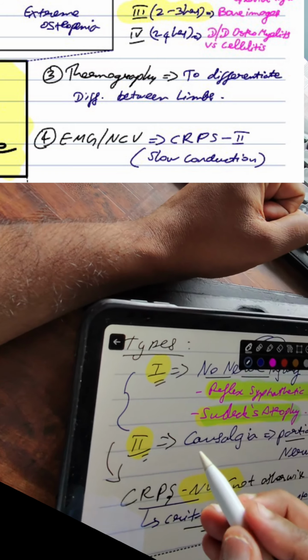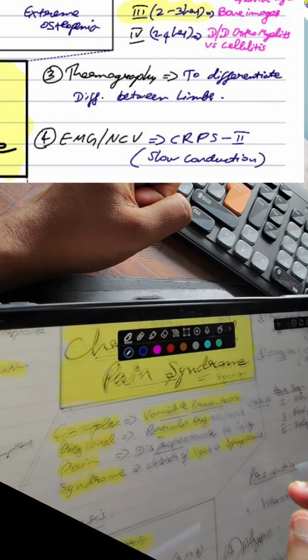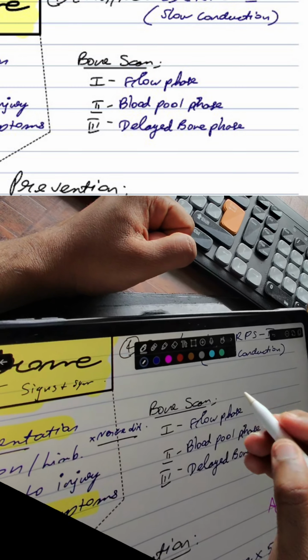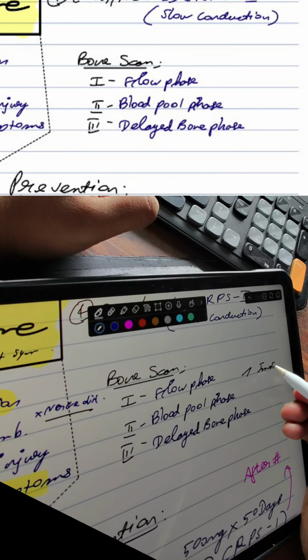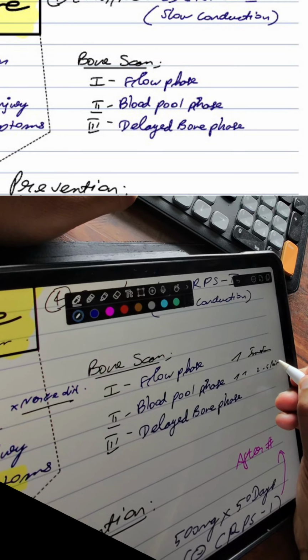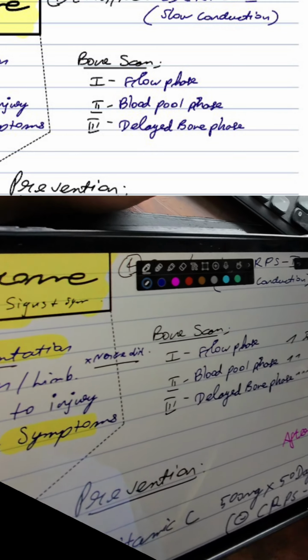Type 2 is also called causalgia, which is a partial or complete nerve injury. So here the investigation of choice will be a nerve conduction study. Again, the bone scan has the flow phase, the immediate blood flow phase, then the phase which comes around 2 to 5 minutes, and the delayed phase which comes at 2 to 4 hours.